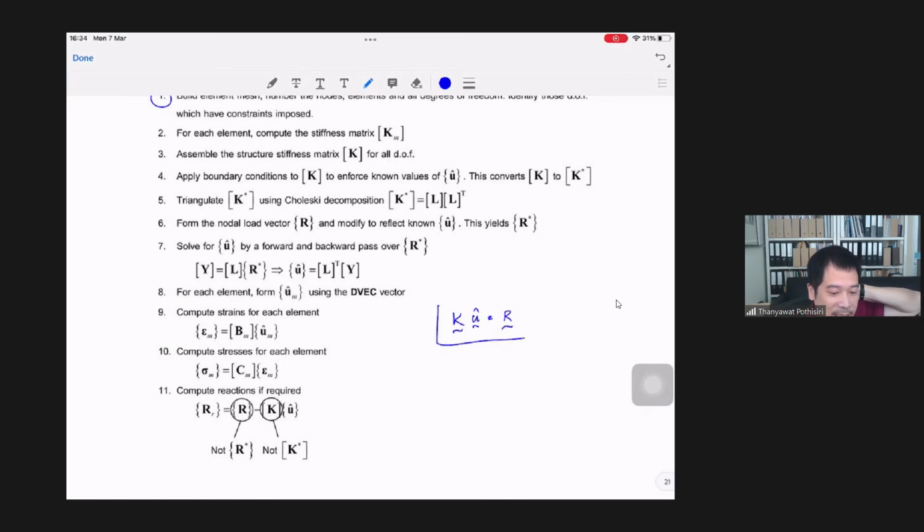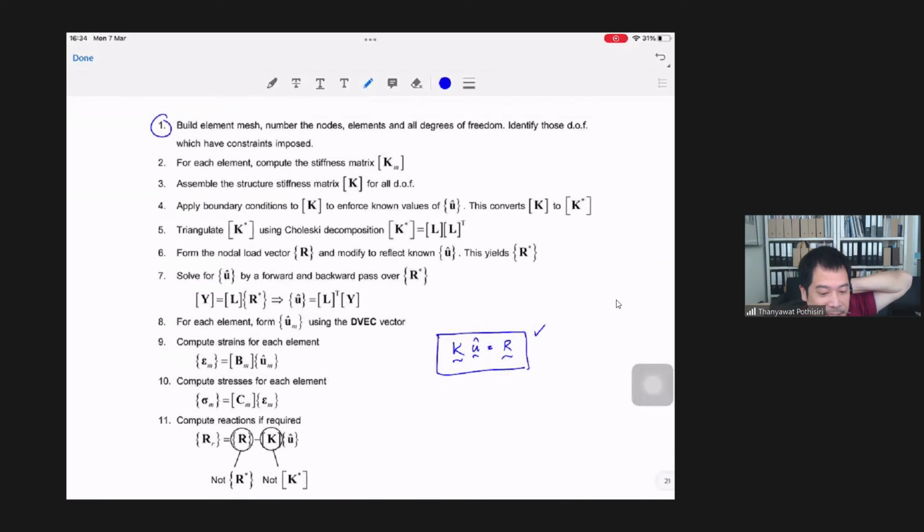Okay, so this is the system of equations that we would like to obtain. But in order to solve this system of equations, you need to be able to assemble this structure stiffness matrix. Now you assemble that from the element stiffness matrices. So first, you need to be able to compute this.